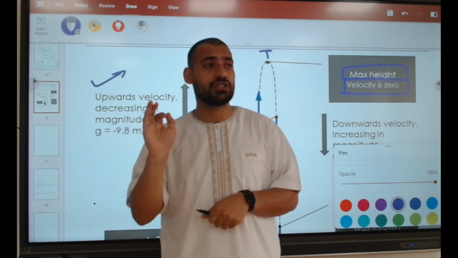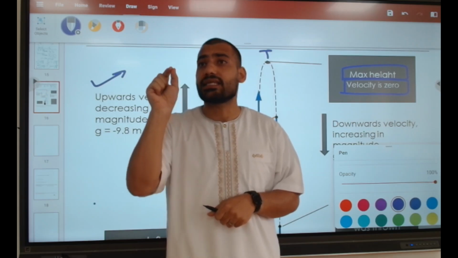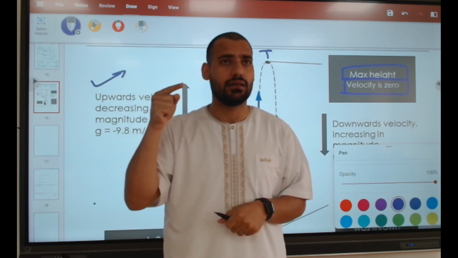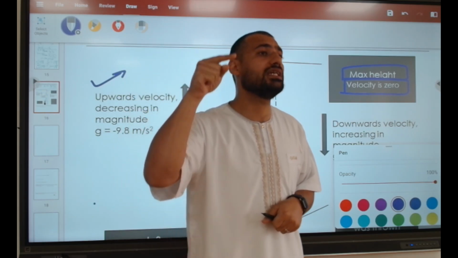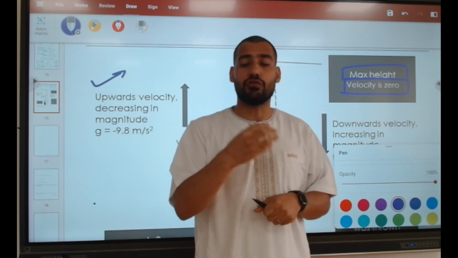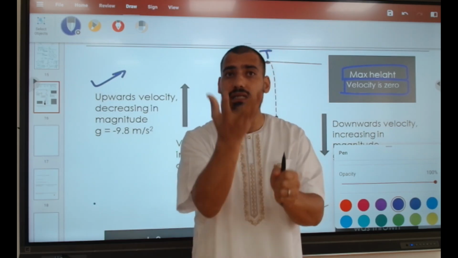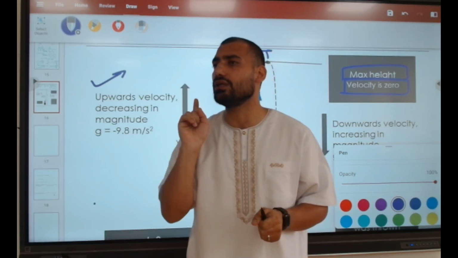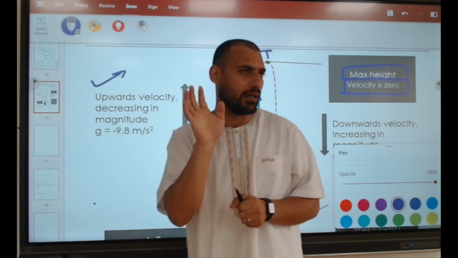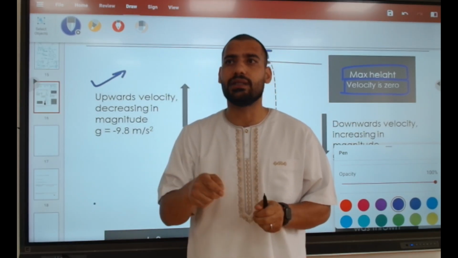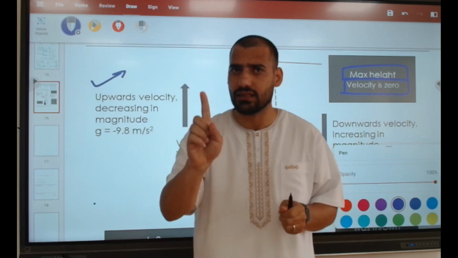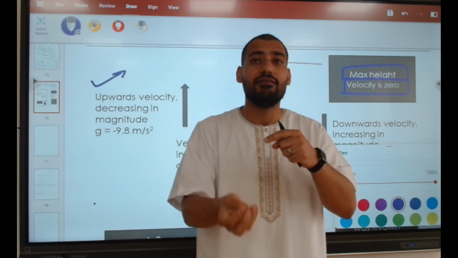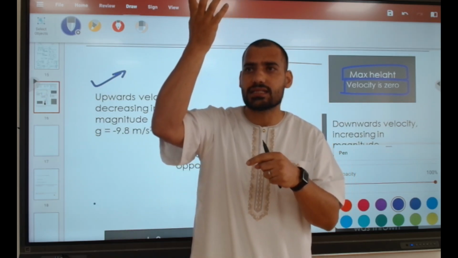Acceleration means the rate at which velocity changes, isn't it? So when you are throwing something up with 20, the acceleration is downwards and it is how much? 10, isn't it? Yes, approximately. So what does that mean? That means in 1 second, your velocity will decrease by 10.